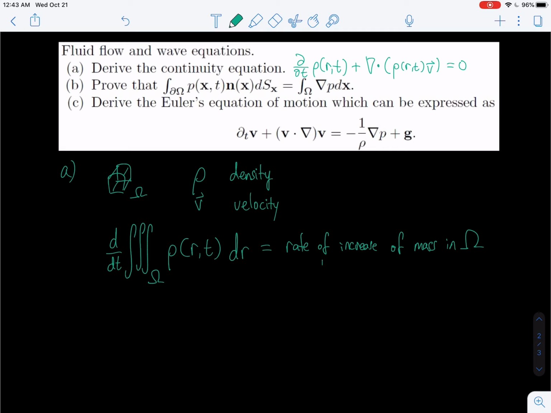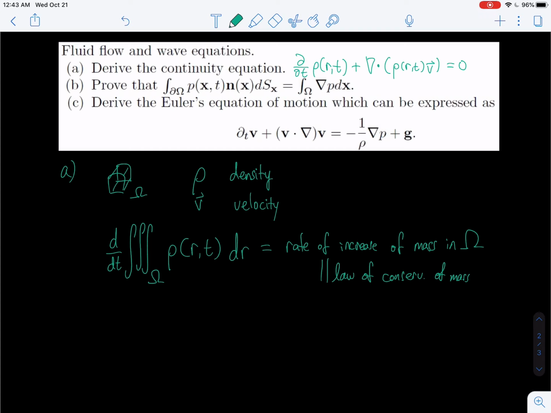And what should it equal by the law of conservation? It should equal the rate at which mass is flowing into omega.